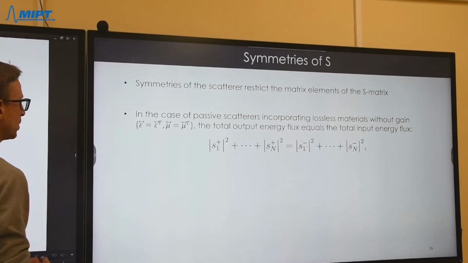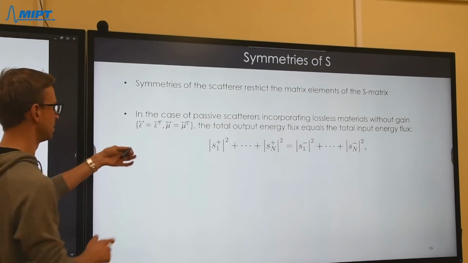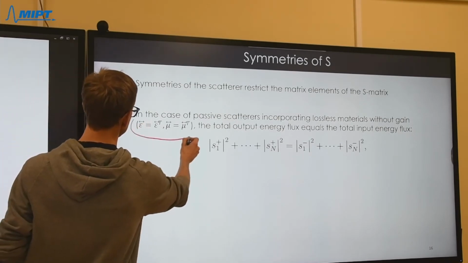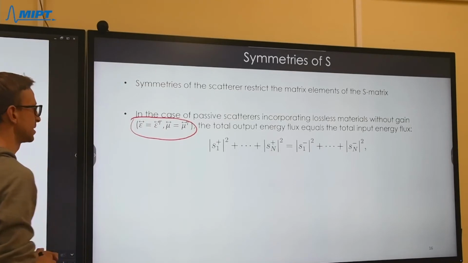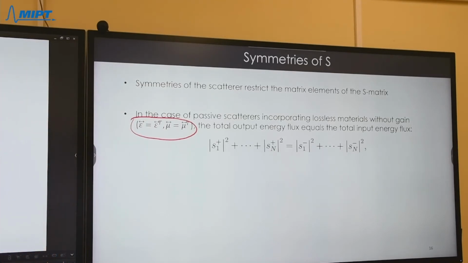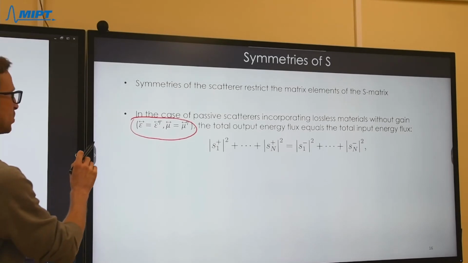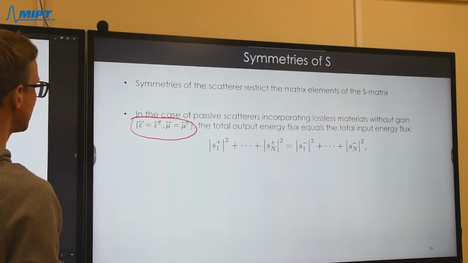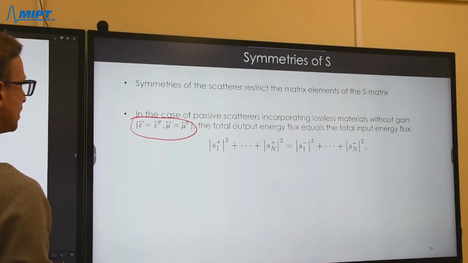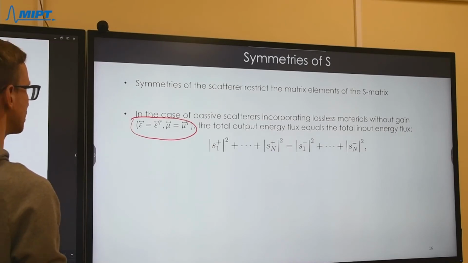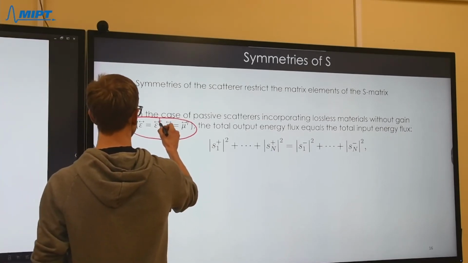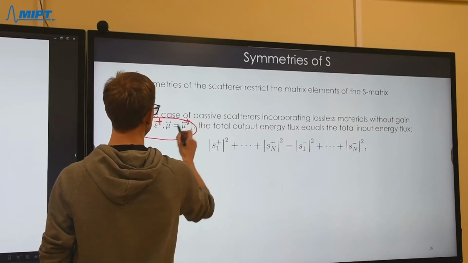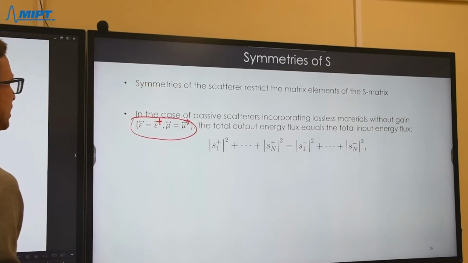And as we know, this is expressed by the following identities that impose constraints on the permittivity and permeability tensors. And by the way, I think I may have made a mistake, because the criterion of absence of gain and loss is that tensors are Hermitian. Yeah, so these tensors must be Hermitian.